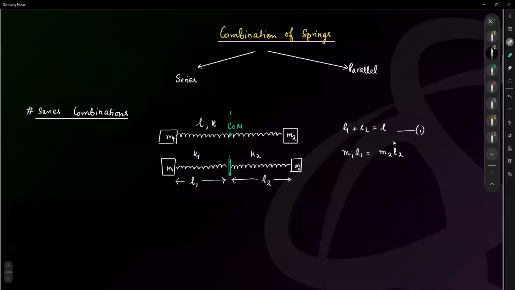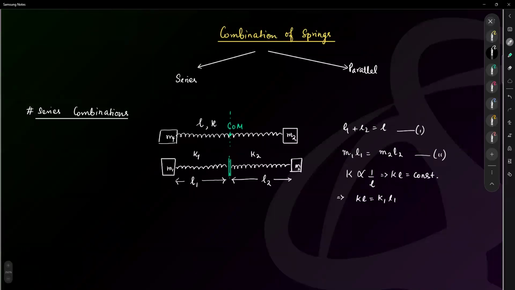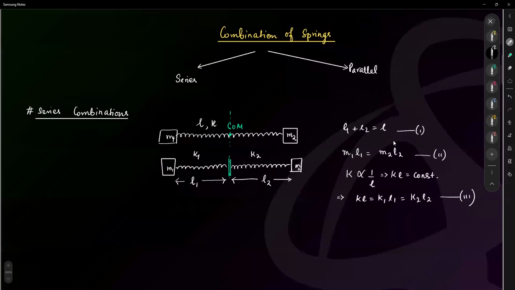This is our second equation. Now, since we know that K is proportional to 1 by natural length, we can say that KL is constant. That means KL is equal to K1L1 is equal to K2L2. This is our third equation.